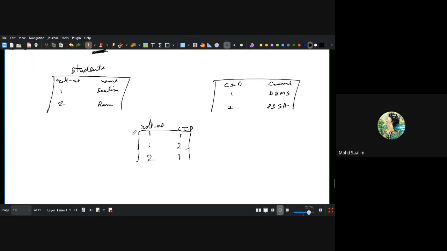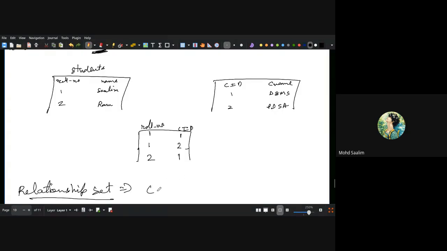And this whole set, this whole collection of these three entries, is called the relationship set. That's why I first drew the table, to make this definition easier.